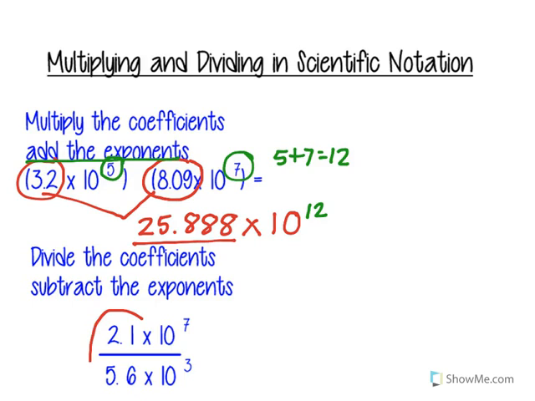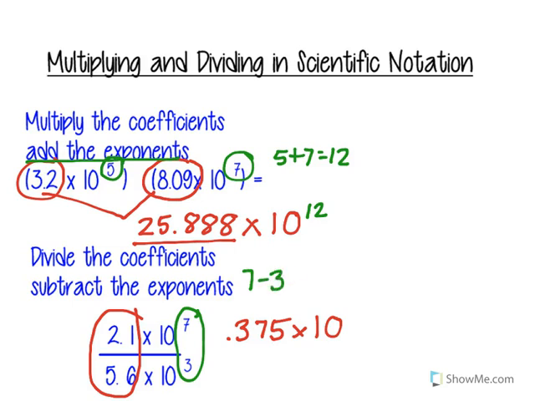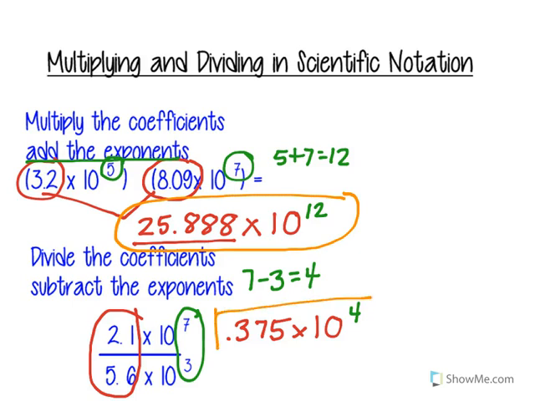So I'm going to divide the coefficients, and that gives me 0.375 times 10, and then I'm going to take the exponents. 7 minus 3 gives me 4. So these are the answers that I come up with when I multiply and when I divide in scientific notation. But I'm going to come back and have to move the decimals because each of these coefficients is not between 1 and 9.9.